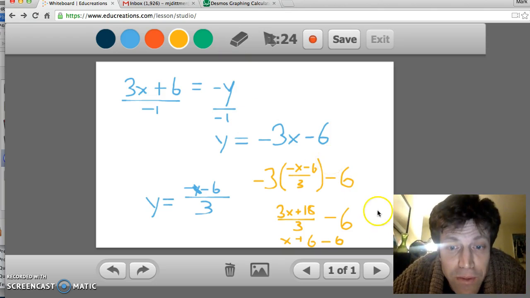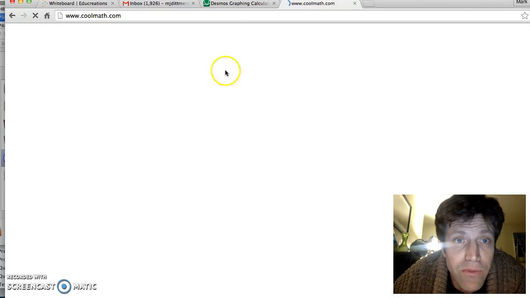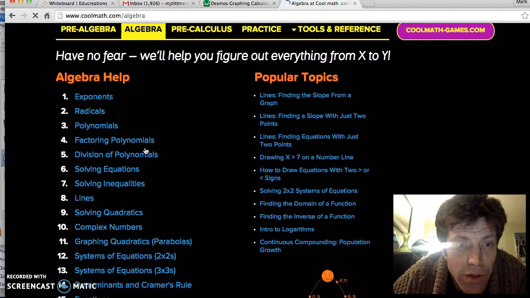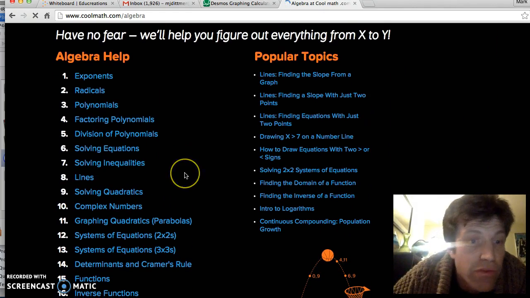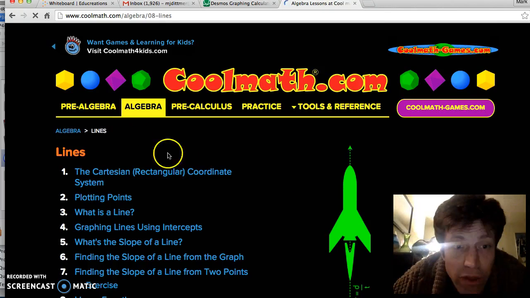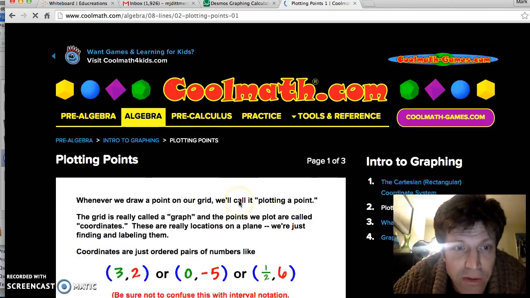But to graph them, here's what you need to realize. I guess there's a lot of different places we could go to show how this works, a lot of different sites I could look at. The one I was looking at earlier today was this one. If we go to algebra, this is graphing lines. Whenever it's a linear equation, you were saying we could always plot points to graph lines, right?